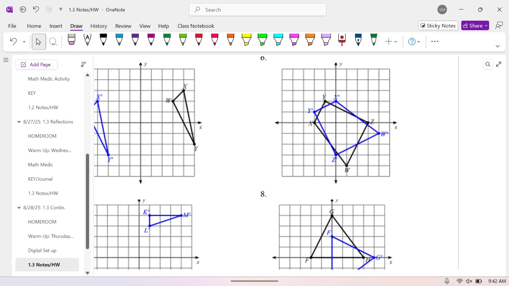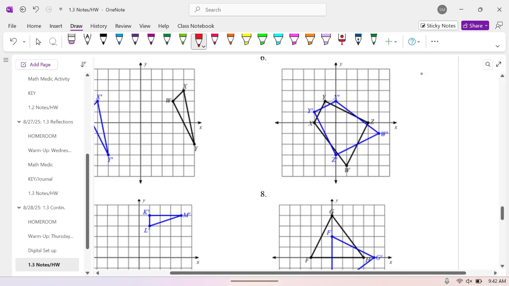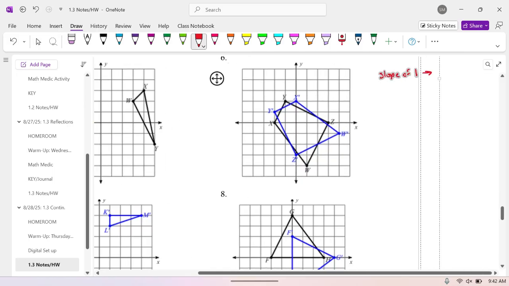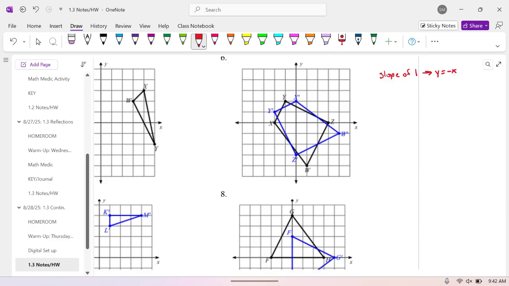If you get a negative slope, you're going from y equals x. Lord, I'm confusing myself. So in other words, if you get a slope of 1, that means it's y equals negative x because we're talking about the opposite slopes. All right. So if you get a slope of -1, it's y equals x. And that's if you go from pre-image to the image. All right.